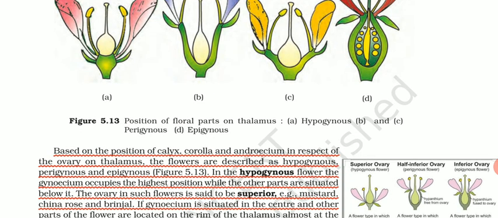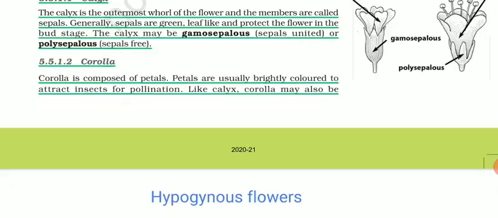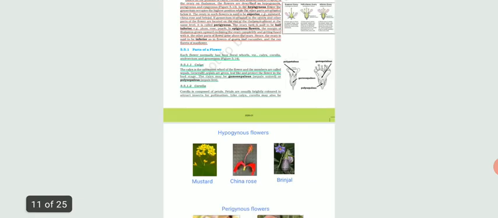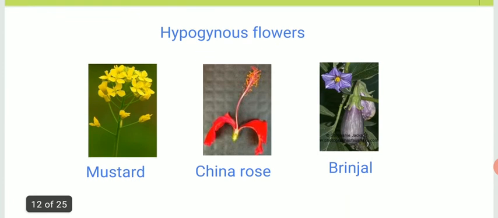This kind of flower is known as an epigynous flower, and here the ovary is known as inferior because the other parts have grown on the topmost portion. They have enclosed the ovary completely. The examples are found in guava flowers, cucumber and florets of the sunflower. I have taken the picture so that you can easily understand it.